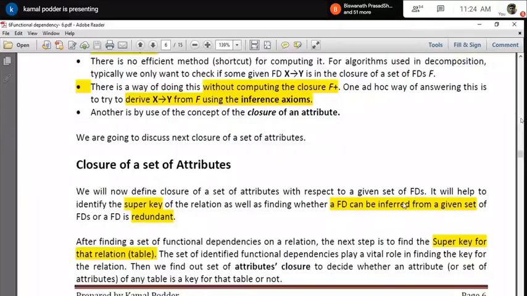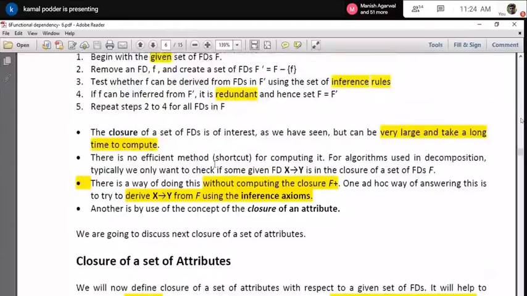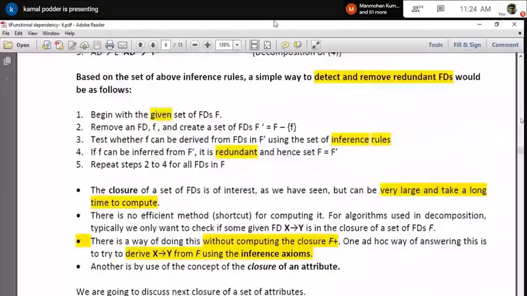There is a way of doing this without computing the closure. One thing is to try to derive this from F using the given FDs. I have already given an example of this, deriving the FD from the FDs which are already provided.